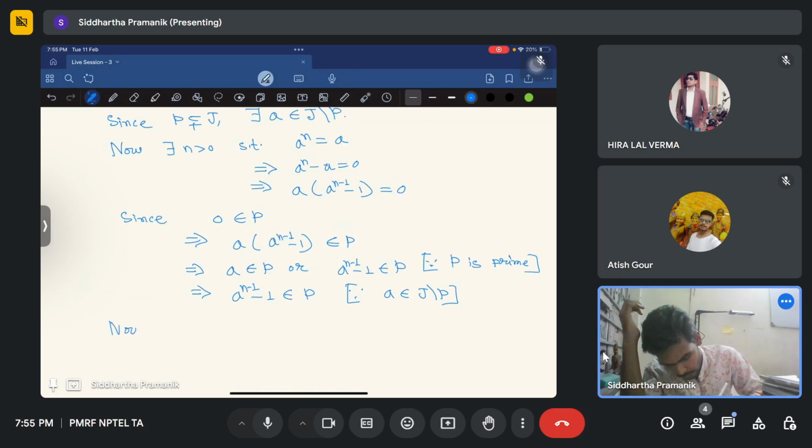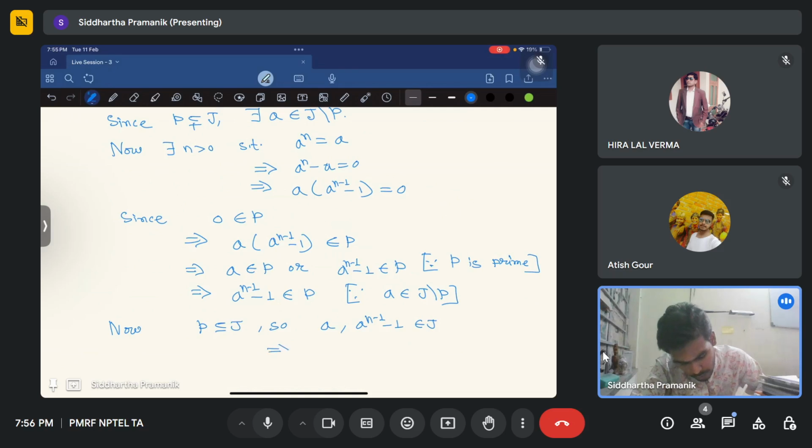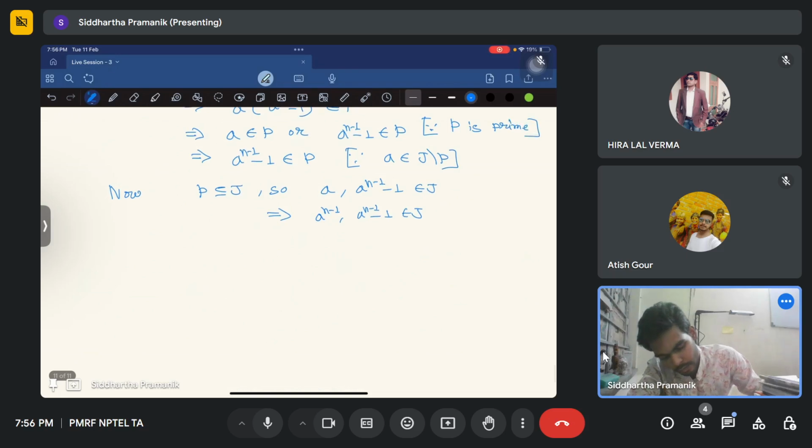Now P is a subset of J, right? So this element belongs to J. So a and a^(n-1) minus 1 belong to J. That will imply a^n minus 1, comma, a^n minus 1 belongs to J. So this will imply a^n minus a^n minus 1 also belongs to J because it is a subgroup under addition.